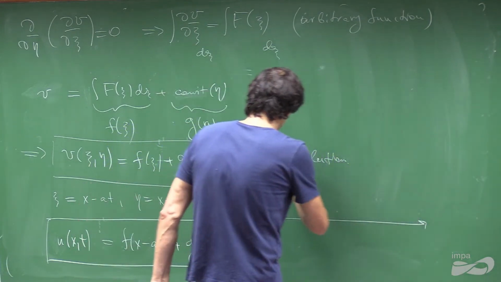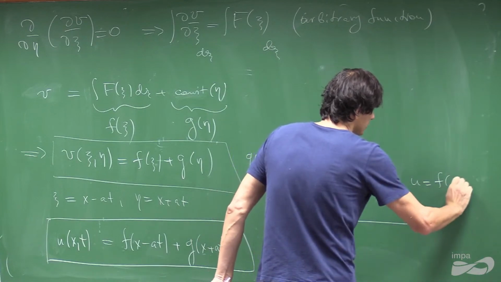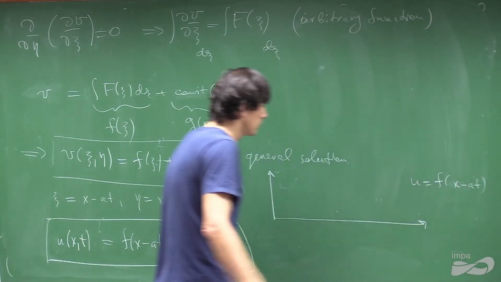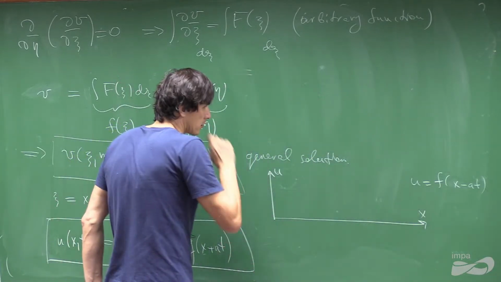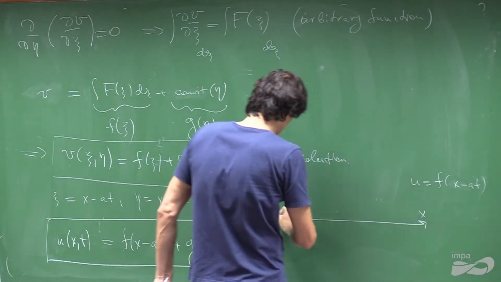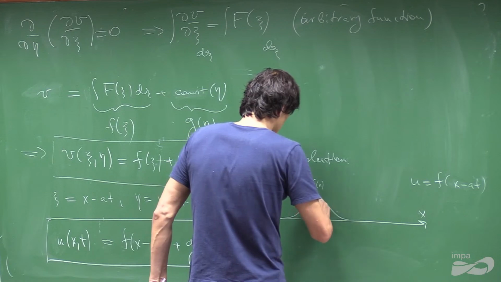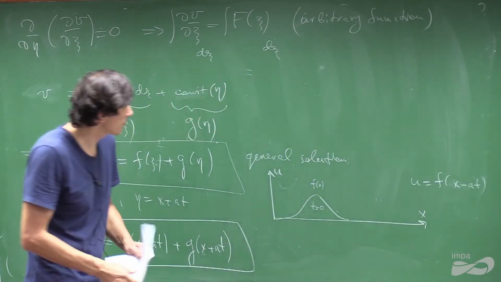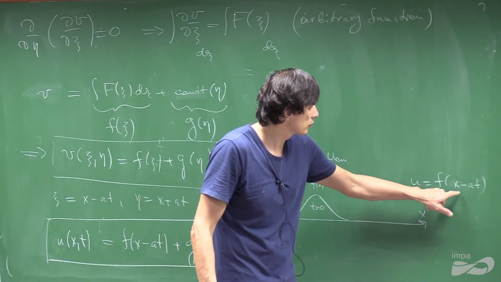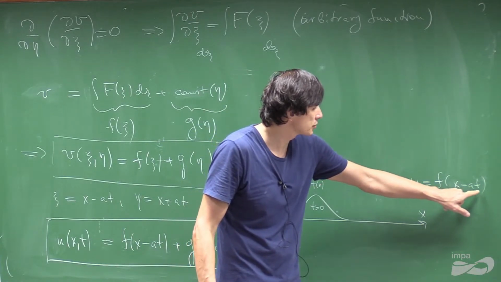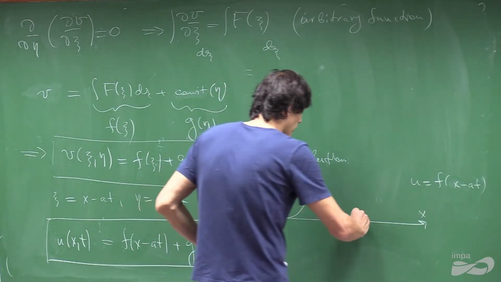So the solution u equals f of x minus at, what is it? If you write u as a function of x, then at time 0 it is just f of x. At an arbitrary larger time, if you put t large, it will be just the same shape but moved forward.